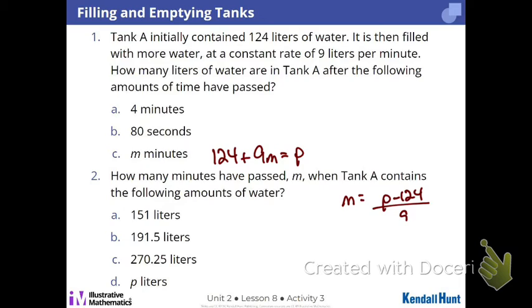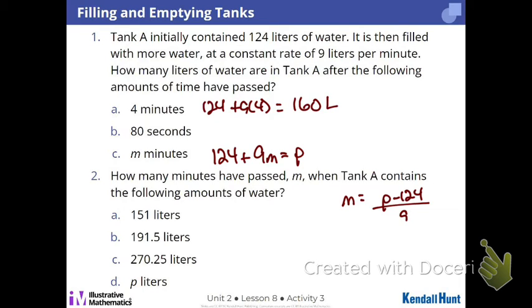Looking at the minutes, for one, I personally like to use the equation. So I wrote the equation first. Remember, you can always summarize a situation with your equation if you write an appropriate equation. I have 124 liters. I'm adding 9 liters per minute to get a total number of liters. So for 4 minutes, I have 124. I'm adding 9 a minute for 4 minutes, and that total is 160 liters.